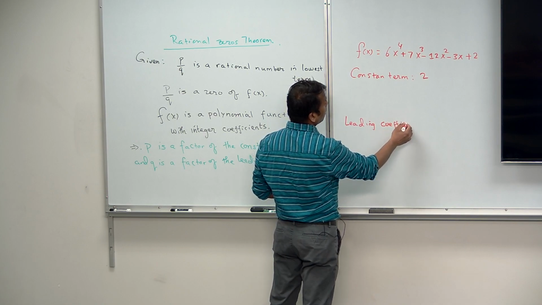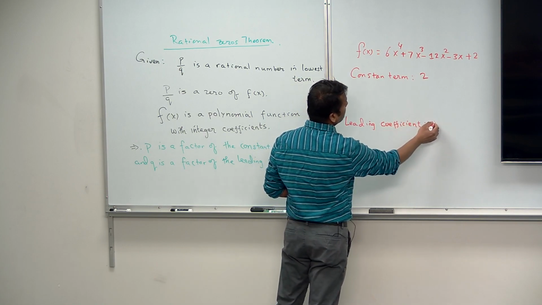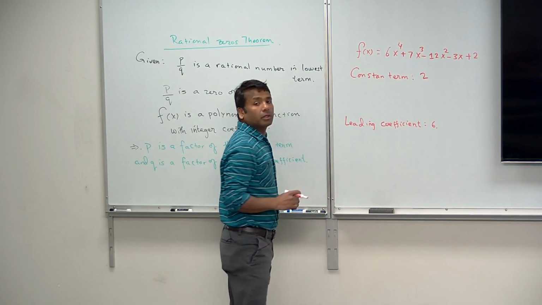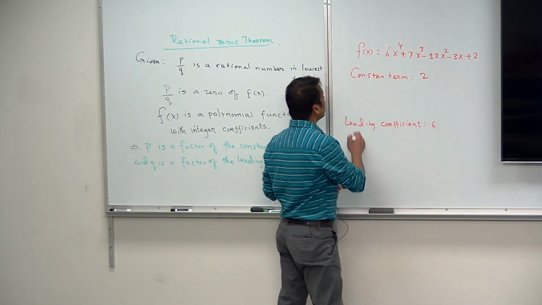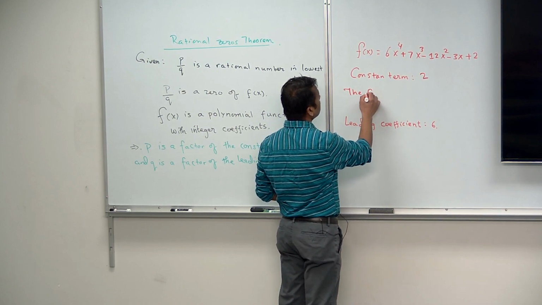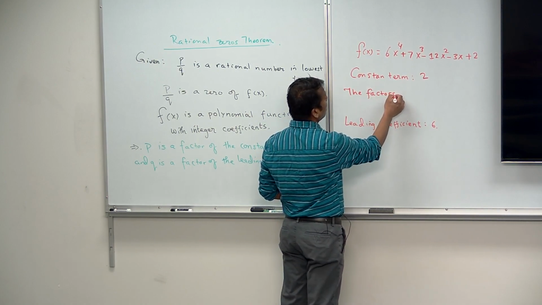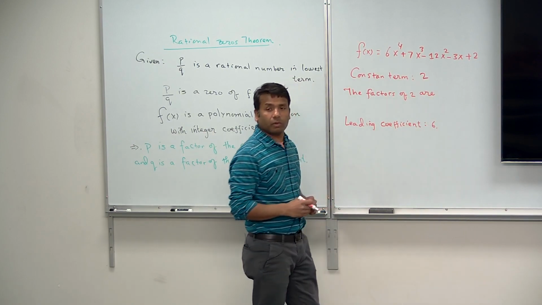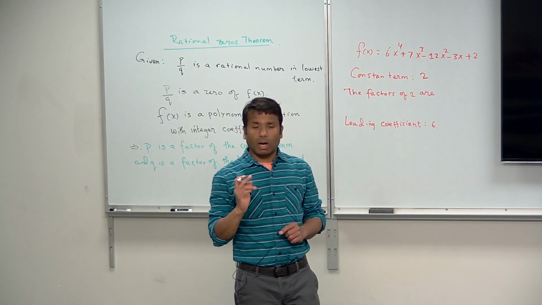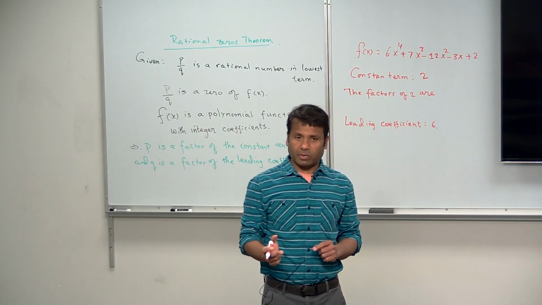So you find the factors of the constant term. Okay? So the factors of 2 are, you guys know that, right? What are the factors of 2? 1 is a factor of 2, right?